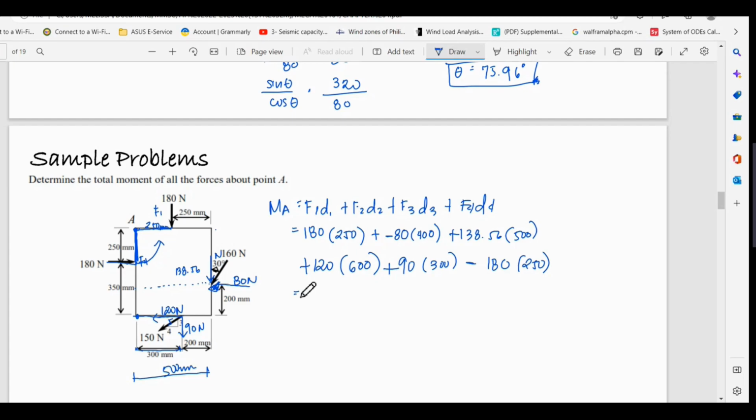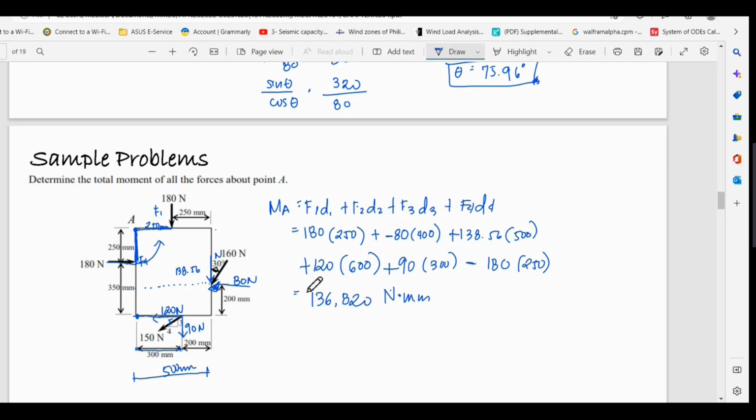Summing up all the forces with their distances, we have 138.56 times 500 plus 120 times 600, 90 times 300, minus 180 times 250. So our answer is 136,820 Newton millimeter. It is positive, so the direction is clockwise.